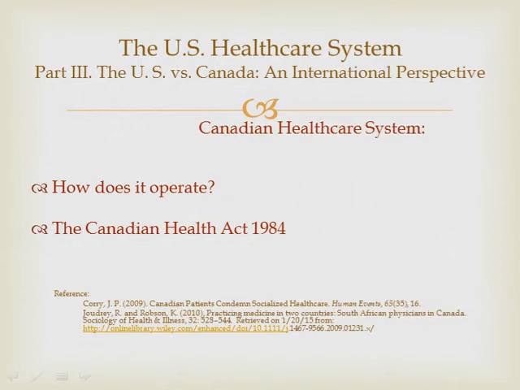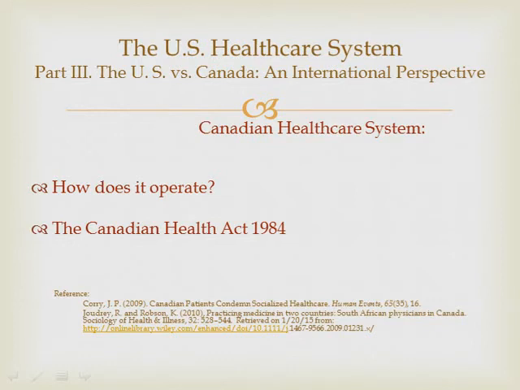The federal government and one of the 13 provinces or territories pays for the insurance or the medical care of the citizens. The Canadian Healthcare Act in 1984 was implemented to ensure equality amongst all citizens in Canada.